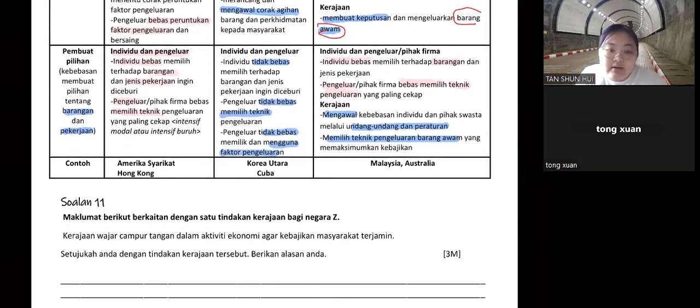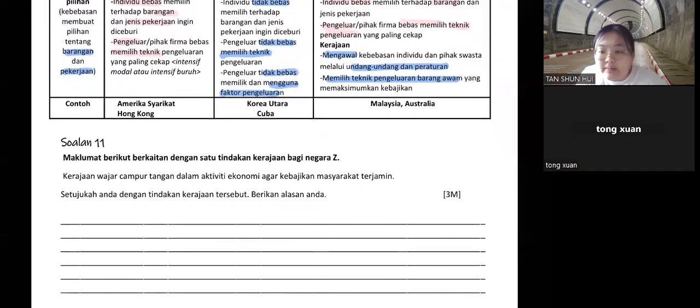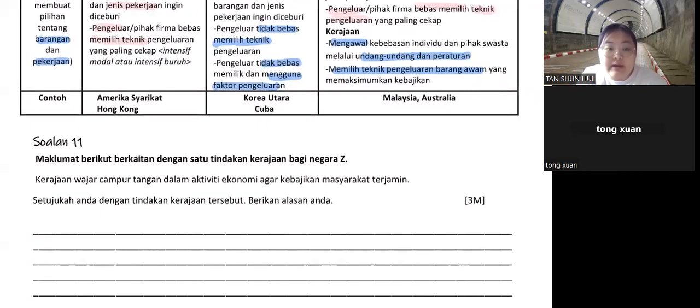Now, here, see exam, right? Sometimes they might be a bit tricky like that. You see, they tell you maklumat berkaitan dengan tindakan kerajaan di negara Z. So they tell you, okay, below is government actions. So government do what? Campur tangan dalam aktiviti, to menjaminkan kebajikan.